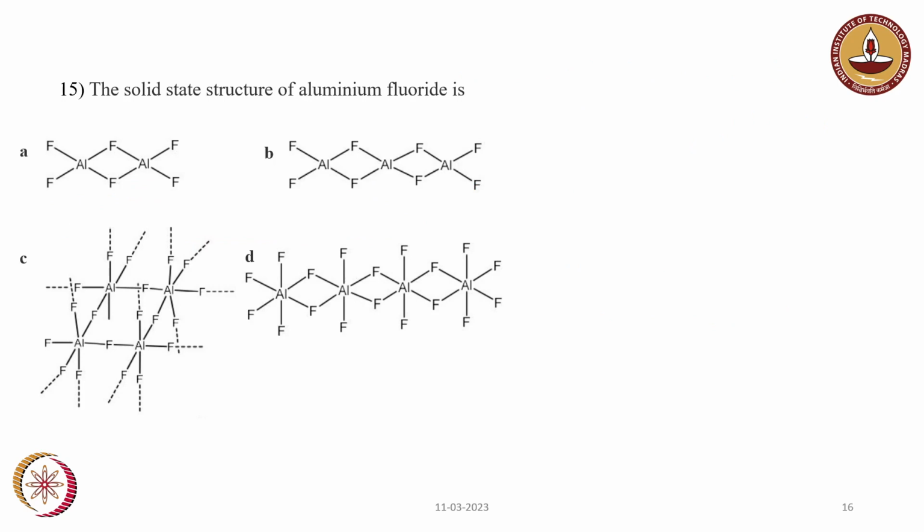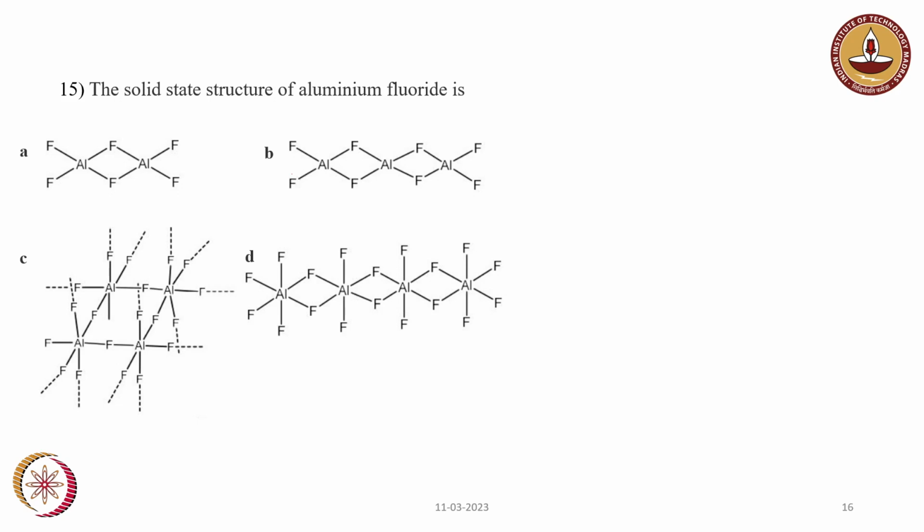The next question is: the solid state structure of aluminum fluoride is option A dimer, option B trimer, option C polymer, and option D tetramer.